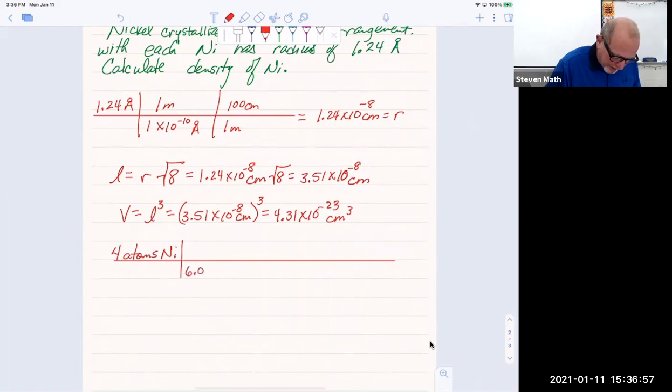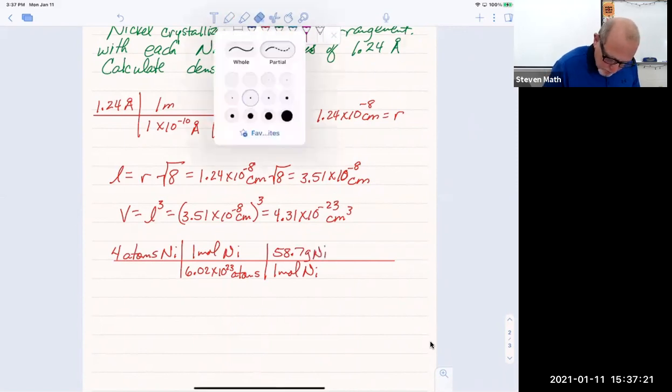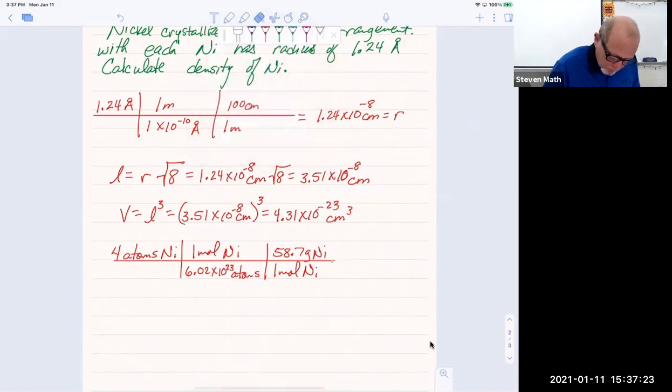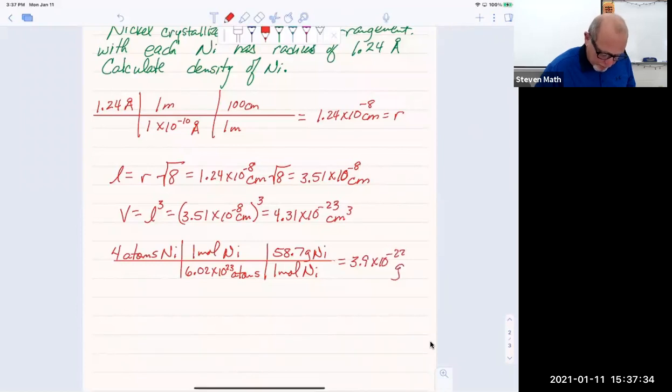We can calculate that from this, 6.02 times 10 to the 23rd atoms, 1 mole of nickel, and 1 mole of nickel has a molar mass of 58.7 grams. Okay, punch that in. Texas Instruments says this is going to be 3.9 times 10 to the negative 22 grams.